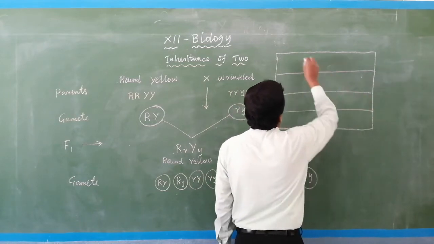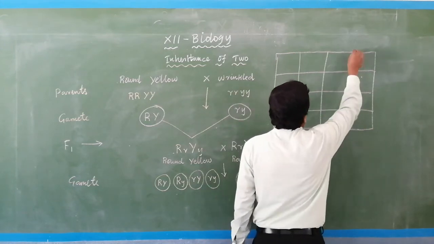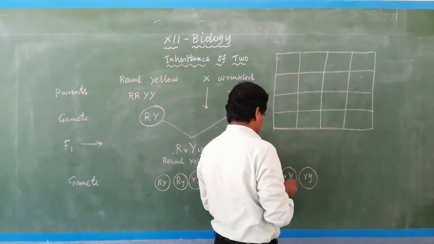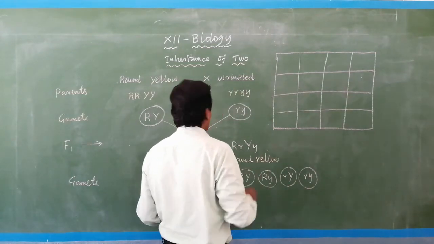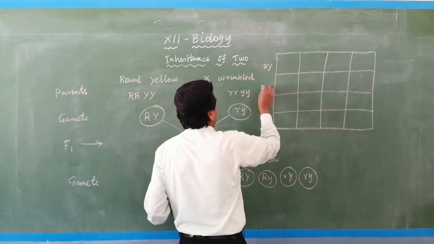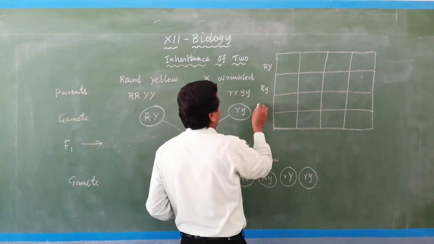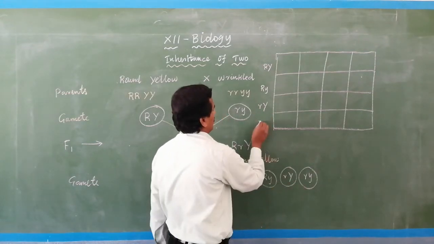With the use of the Punnett square, we calculate the F2 generation. Okay, listen. We put the gametes on either side: capital R capital Y, capital R small y, small r capital Y, and small r small y.